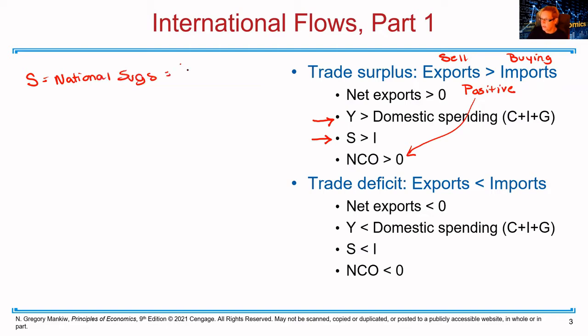Which is equal to GDP minus consumption minus government expenditures. In the United States, we buy more than we sell to other countries. So net exports will be negative because we're buying more than we're selling. What this means is that domestic spending is greater than GDP.